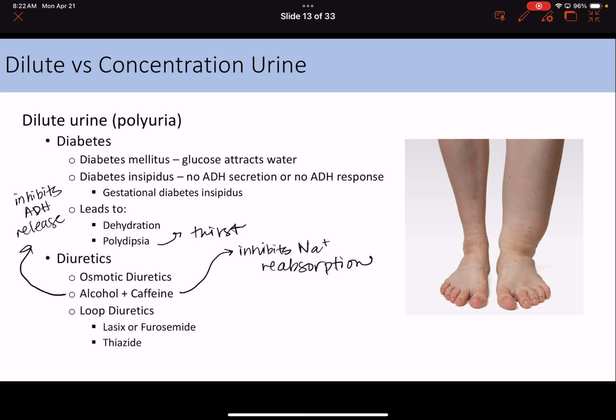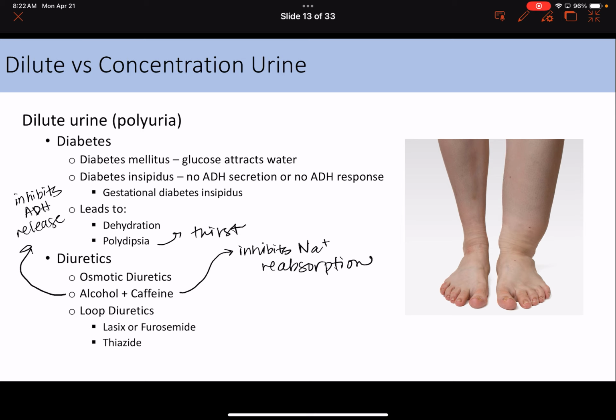Any other questions on polyuria? So what about the little legs? Why did I bring up the legs for this specifically? The diuretics on the bottom, it says used for edema. Oh, yeah, thank you.